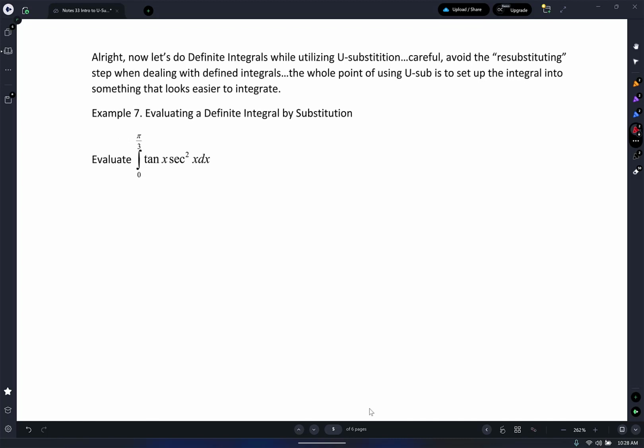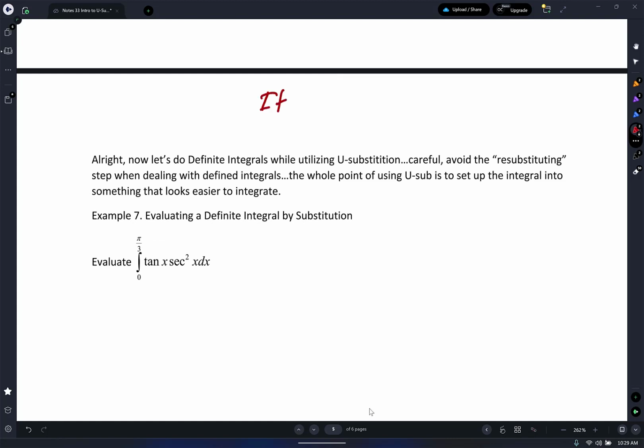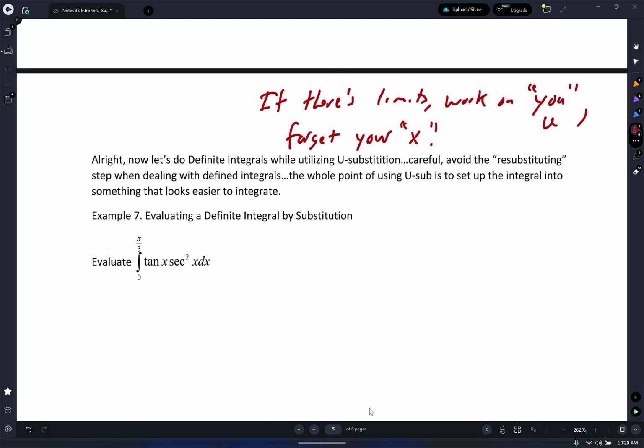Let's write that down: if there's limits, work on u, because that's like your u. Forget your x.